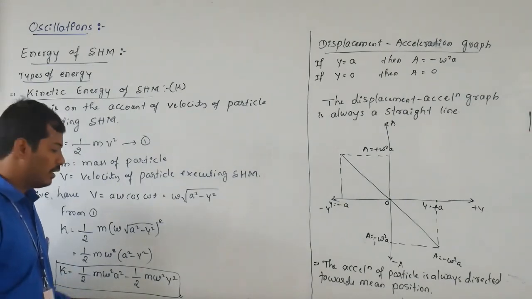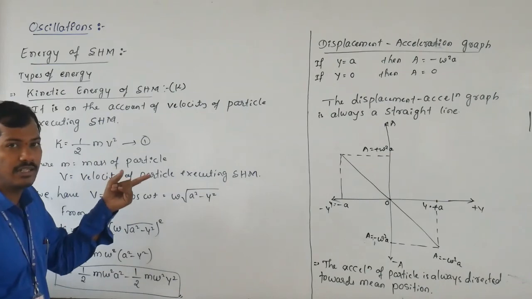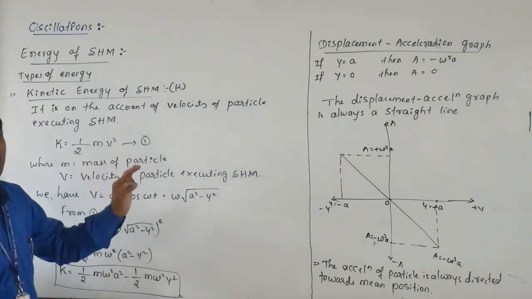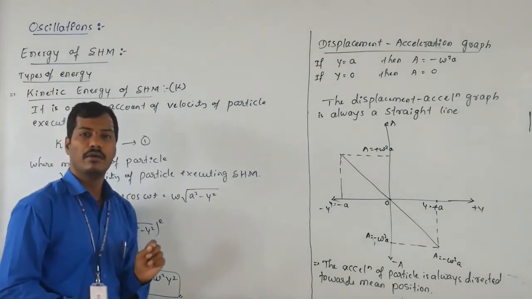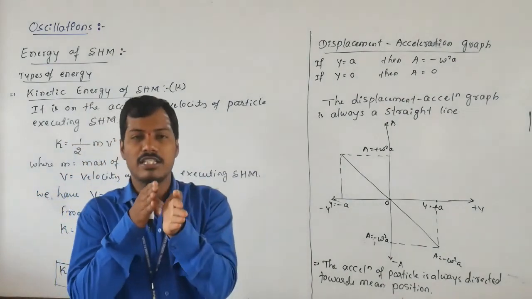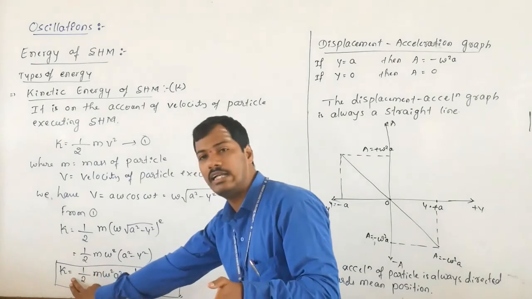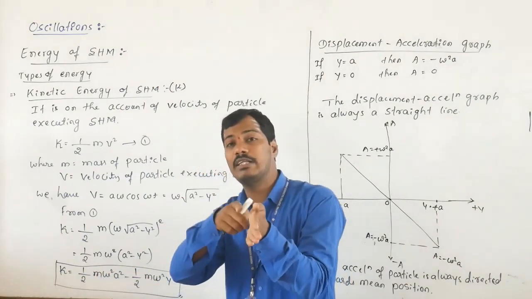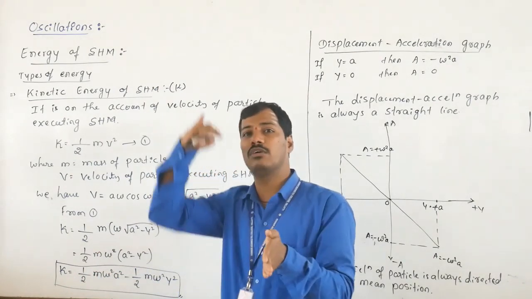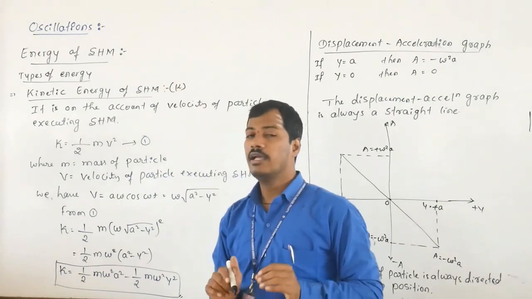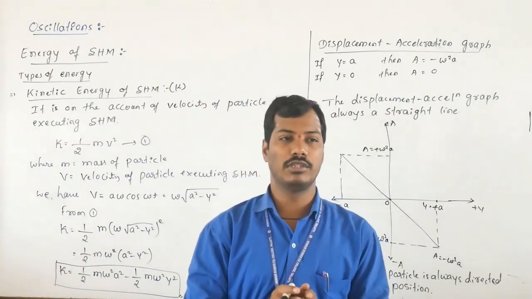It depends on velocity and acts the same as the velocity, because if the displacement is 0 at mean position, velocity is maximum, and the kinetic energy is also maximum.